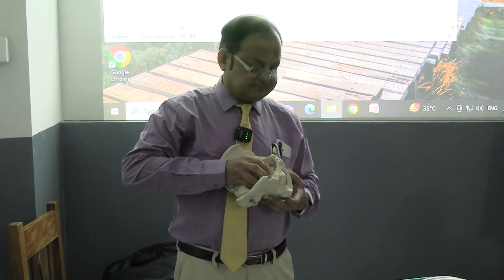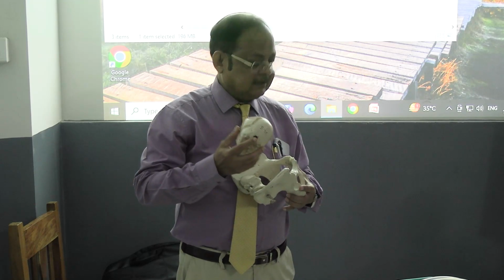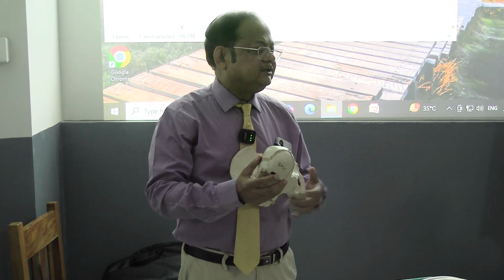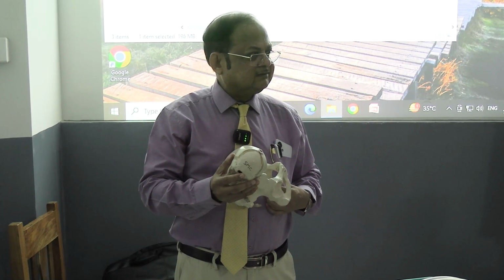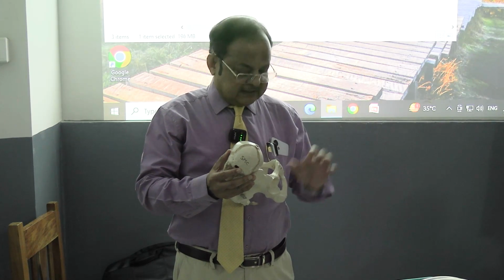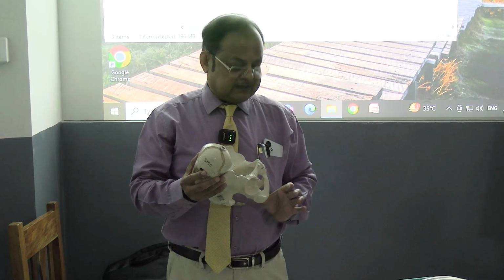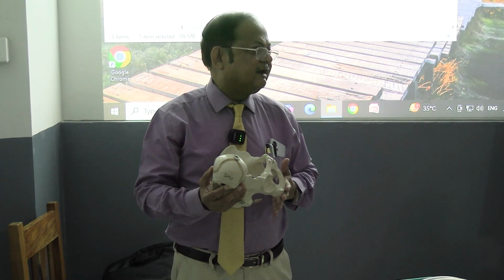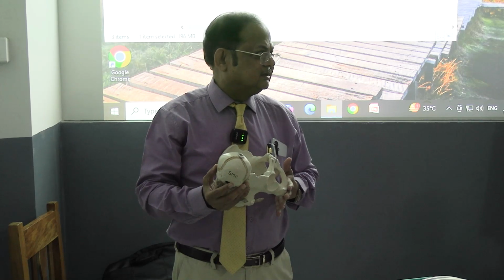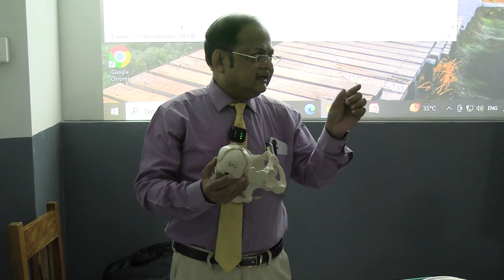Station zero is where the bispinous diameter is at the level of the ischial spine, and from the level of the ischial spine down to the ischial tuberosity, the outlet, it is 5 centimeters.